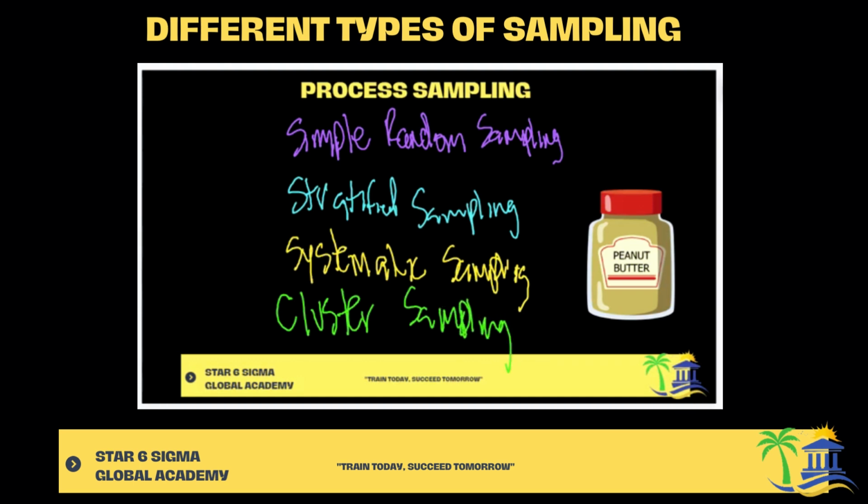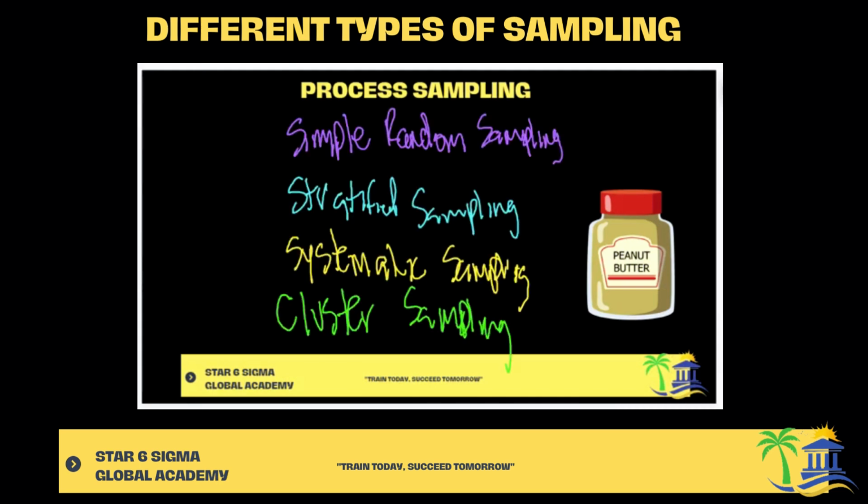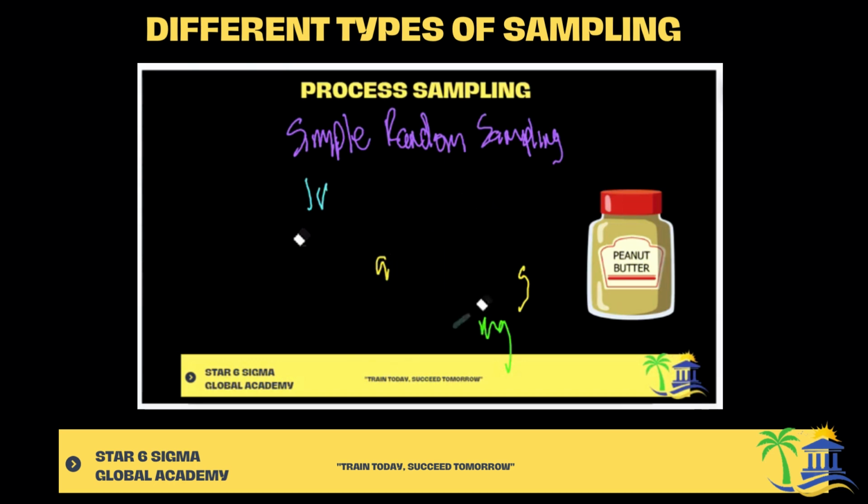When we talk about, for example, simple random sampling, let's say I have several different things.